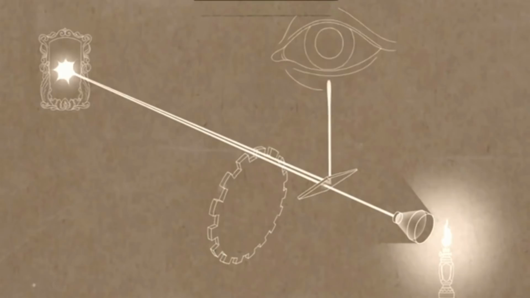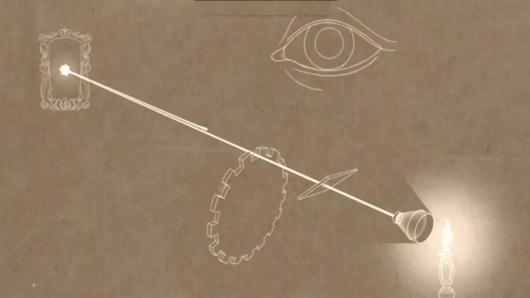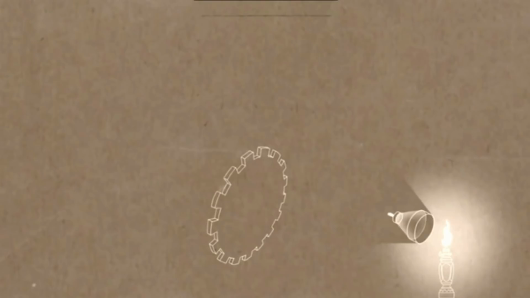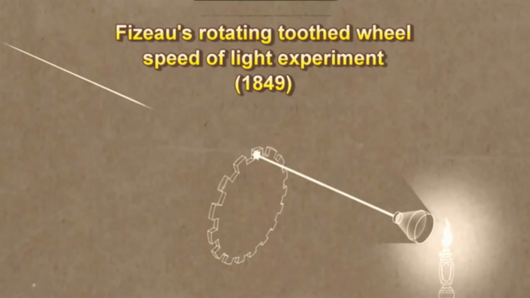He had the speed of the wheel. He had the distance to the mirror on the other side of the mountain. He was far away from the mountain, and through a mirror he was able to detect what was happening. He made a calculation, and he figured out that the speed of light was close to 300,000 kilometers per second. So that's when Maxwell takes over, right?